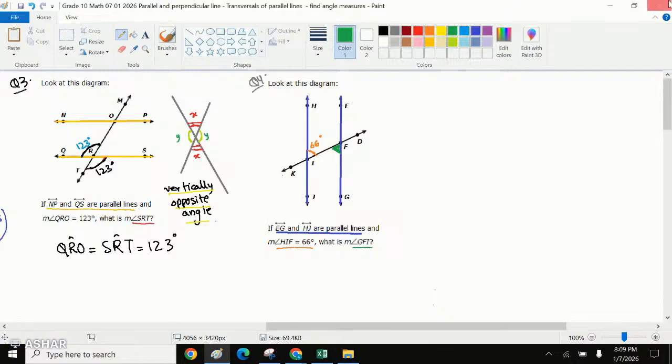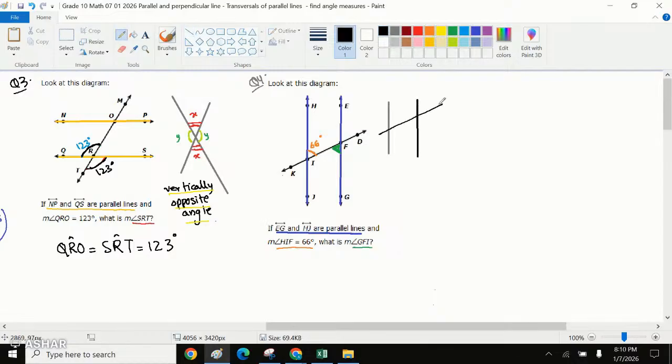So what we can say is they are, sorry, they are interior angles, but they are alternate interior angles to each other, because they are on either sides of the parallel line. So if we have a pair of parallel lines, I'm just doing a rough sketch, just focusing on what the question is asking us.